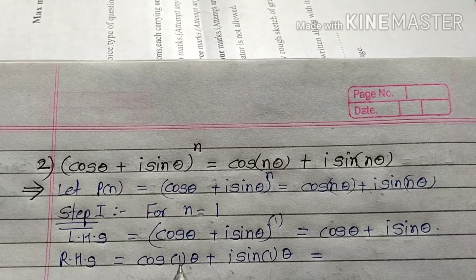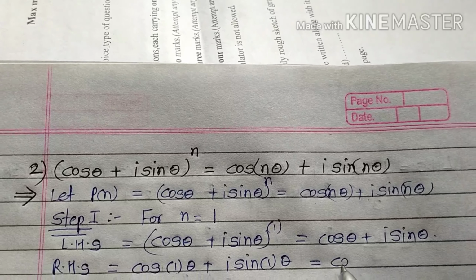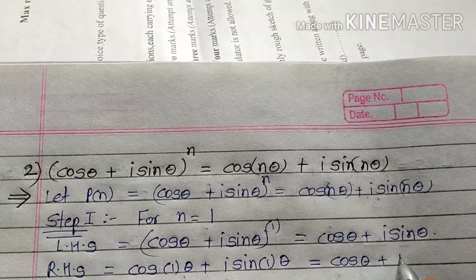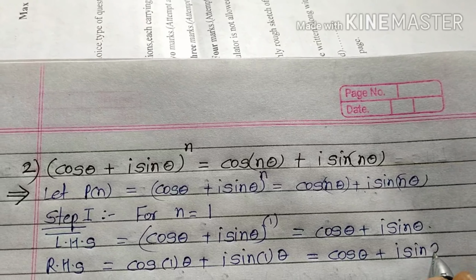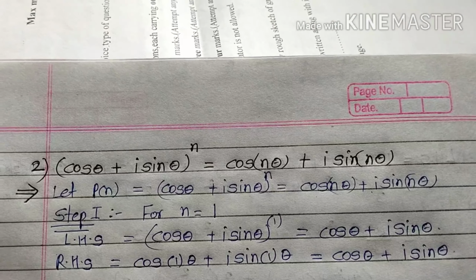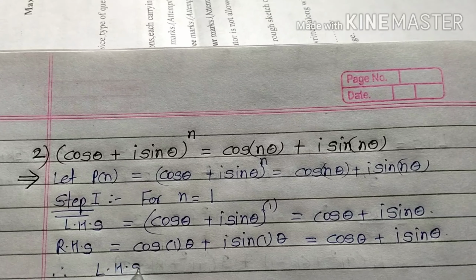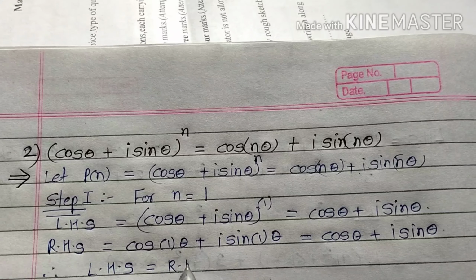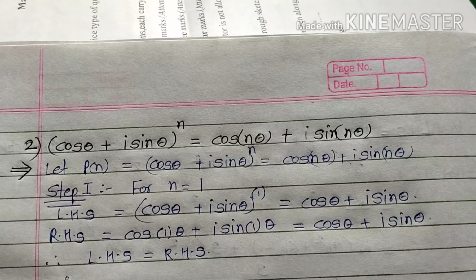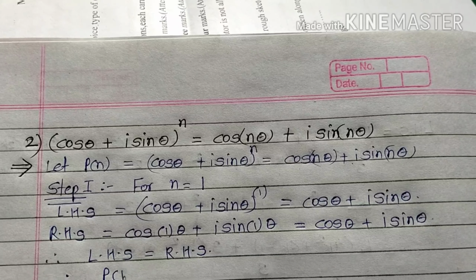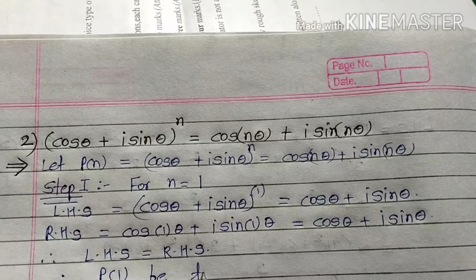So you can observe that 1 into theta is theta. So here cos theta plus I sin theta, and therefore LHS is equal to RHS. So therefore P of 1 is true.